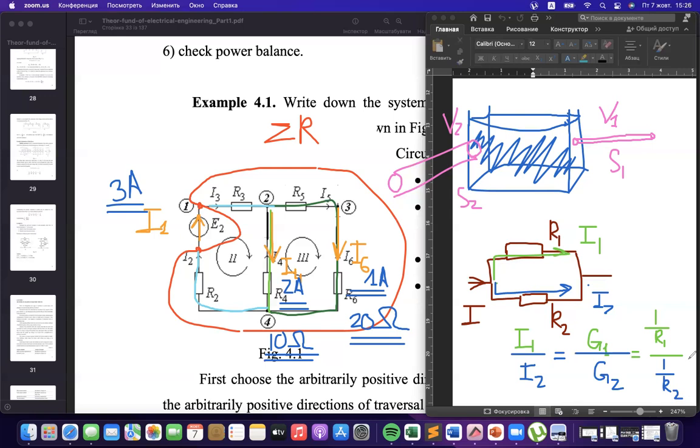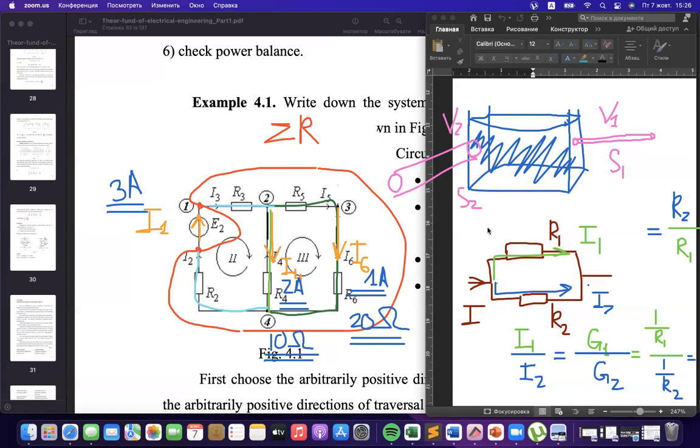And if we transform this ratio, we will obtain the opposite proportion. I will write it a little bit here. We obtain that I1 divided by I2 will equal R2 divided by R1.